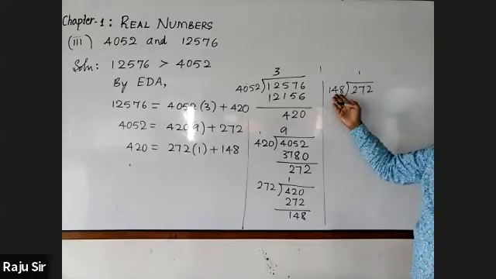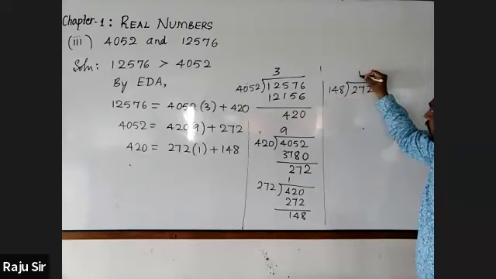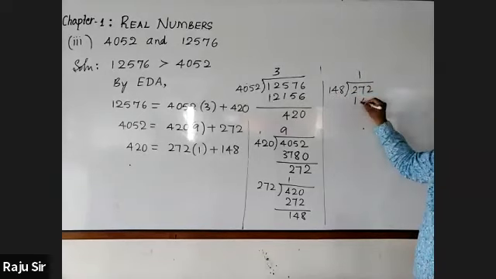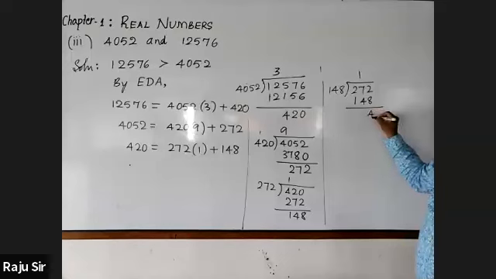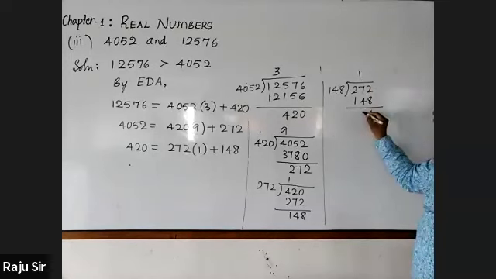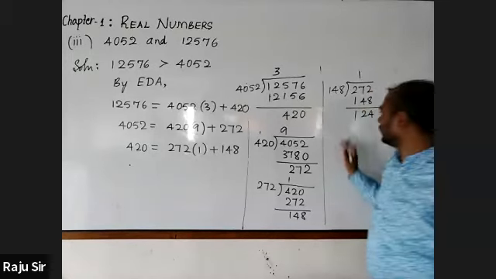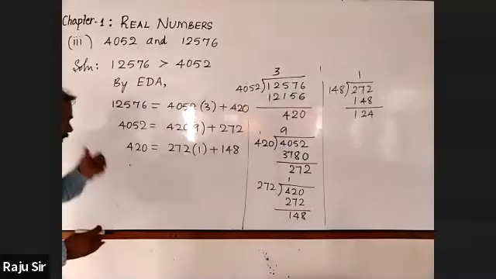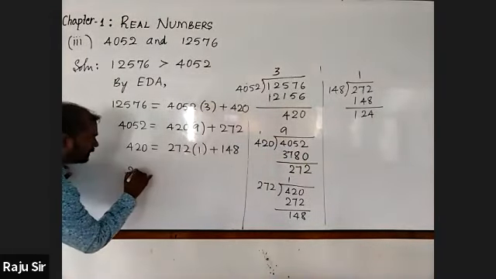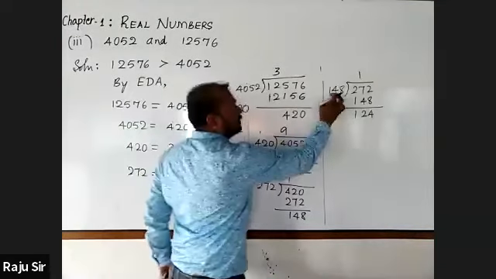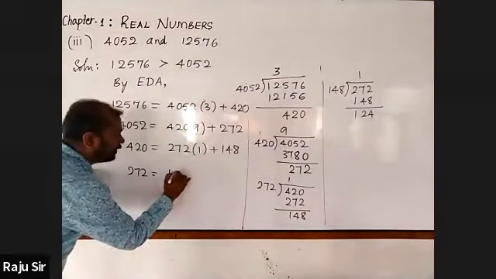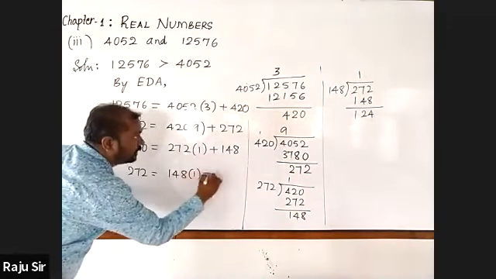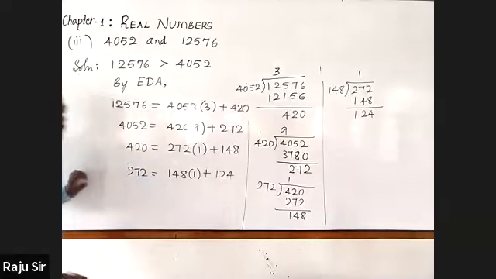Hence, I'll go for taking 1. 148 1s are 148. Subtract: 272 minus 148 is 124. Correct. So 272 can be written as 148 1s are 148 plus 124.